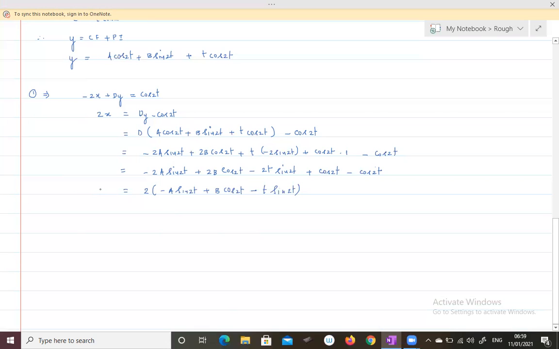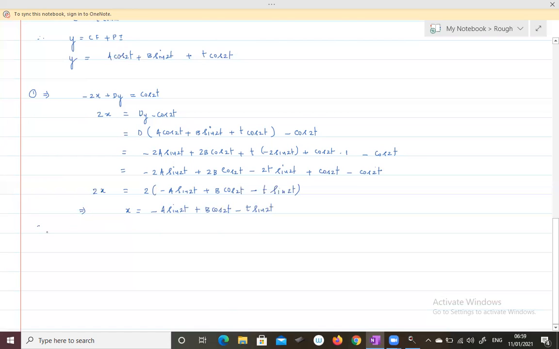The left hand side is 2x. So ultimately x is equal to minus a sin 2t plus b cos 2t minus t sin 2t. So this is x.